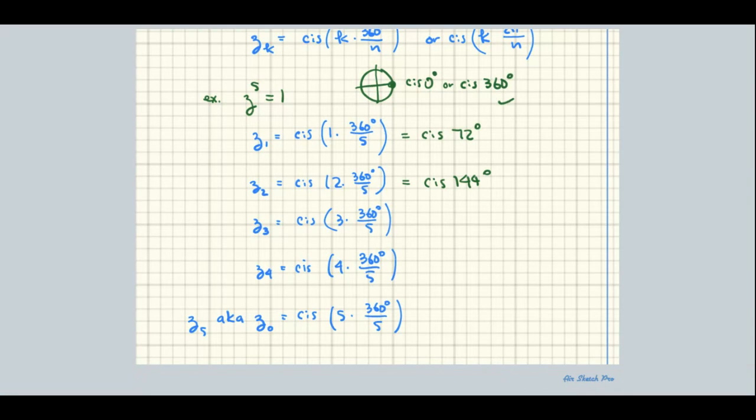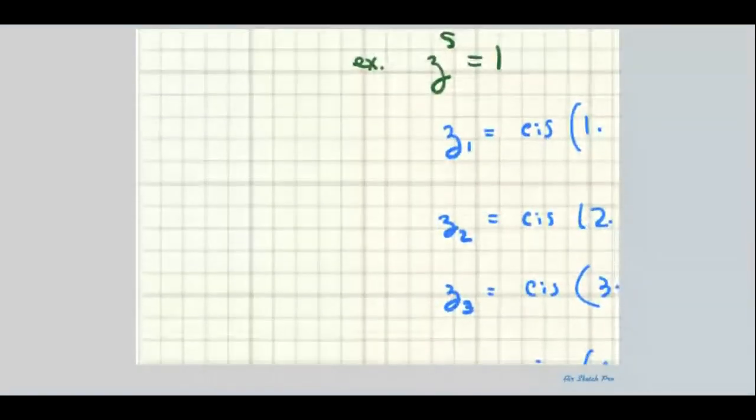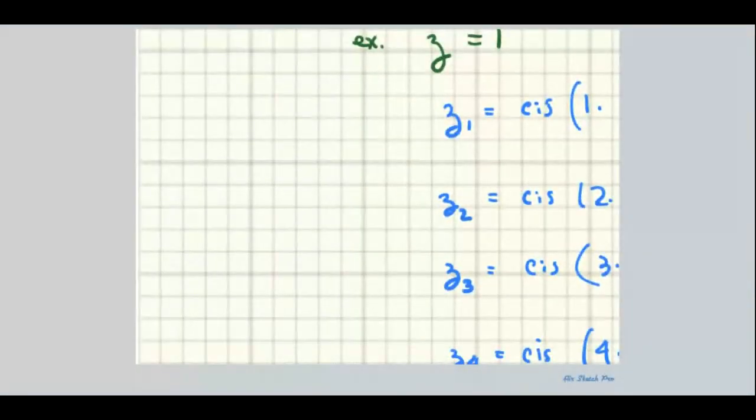Cis again means cosine plus i sine. Okay, and again, let me kind of do that on the side over here. Cosine theta plus i sine theta. And nobody wants to write all that, so they write cis theta. And remember, this is a complex number.